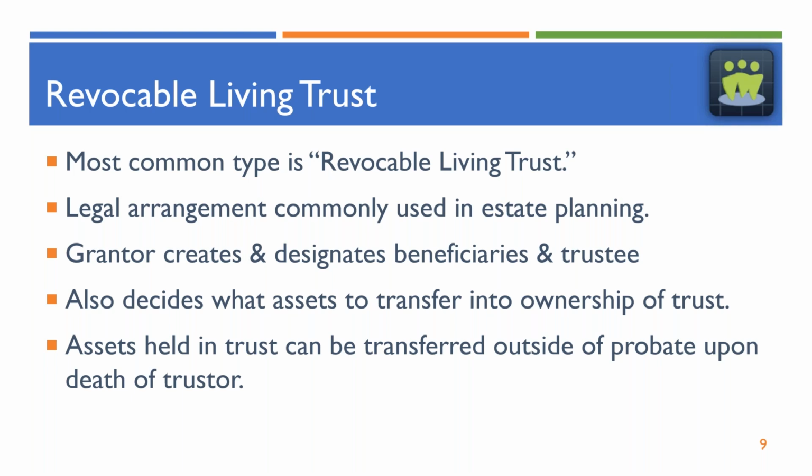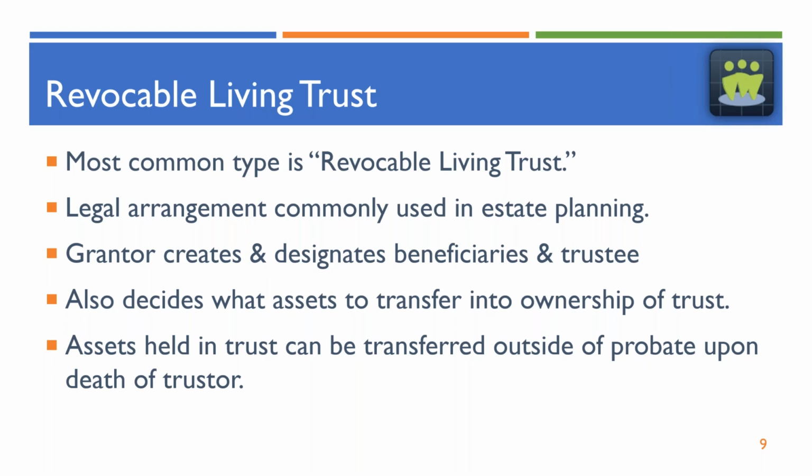So you have to decide when you're doing this, what assets get transferred into the trust and who's going to be the trustee at the beginning and who's going to be the successor trustees. And then the assets that are held in the trust, here's the big benefit, get transferred out of probate upon the death of the trustor.